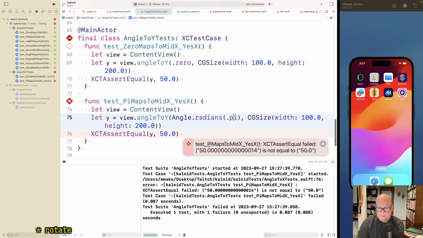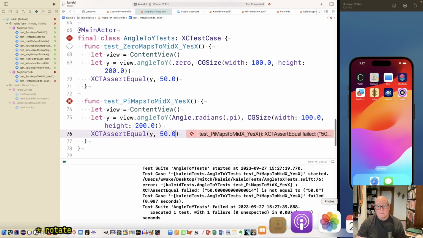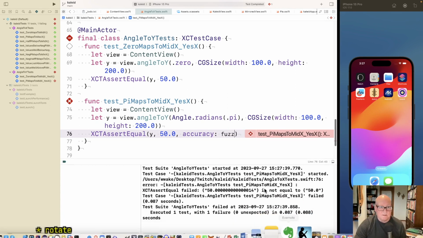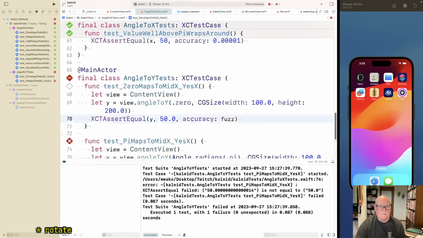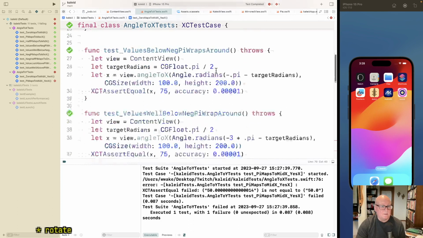Okay, what are you thinking? Okay. I'm just going to call this fuzz. And let's define it up here.